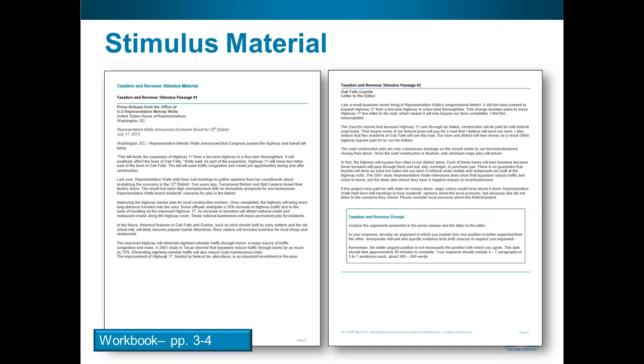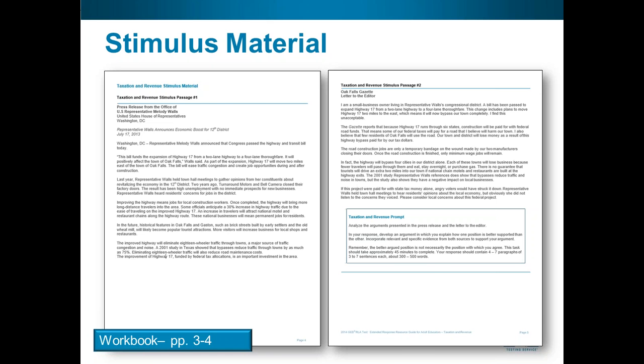Both of these folks have developed materials that tell us why or why not a bypass should be built. The representative sees the bypass as a wonderful thing and gives her reasons why, while a local person argues a bypass is not a good thing, again providing reasons why that bypass will harm the town.